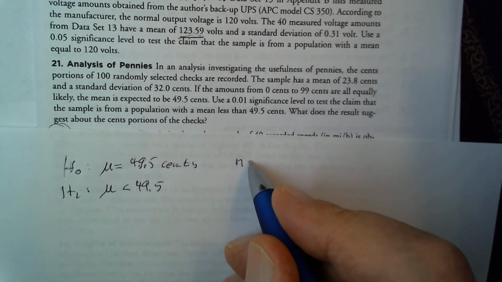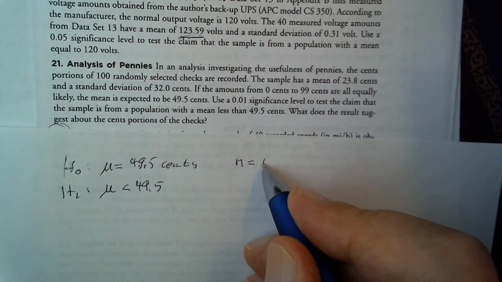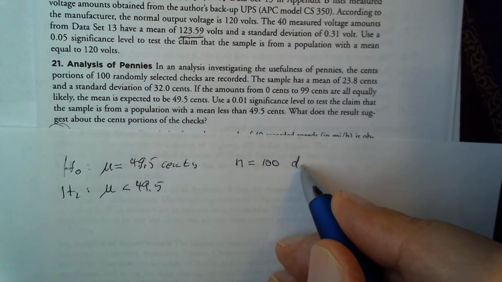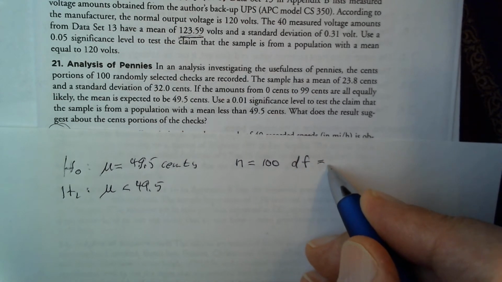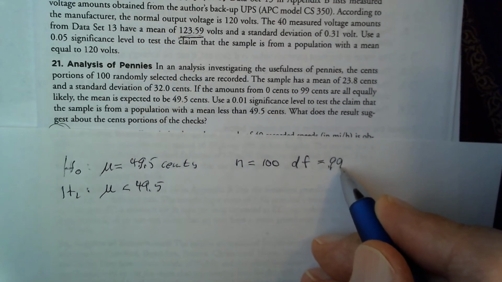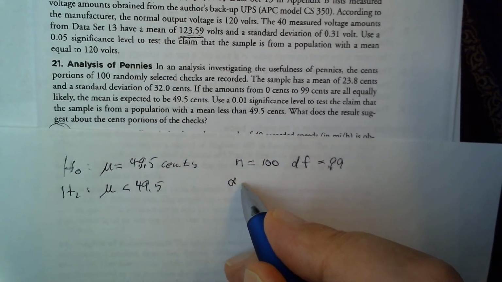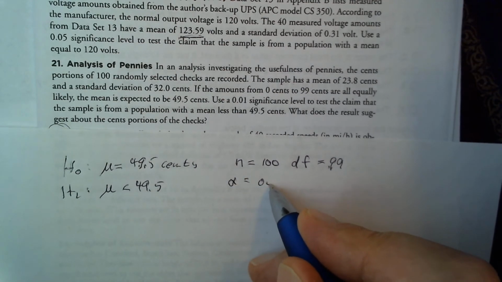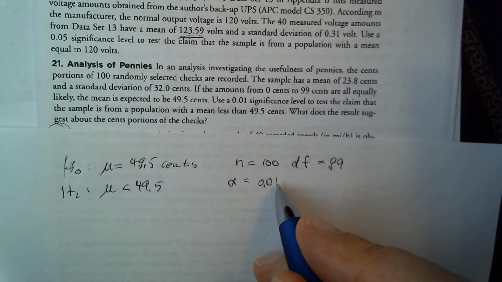And then n is equal to 100. That means our degrees of freedom is equal to 99. And our alpha is 0.01.